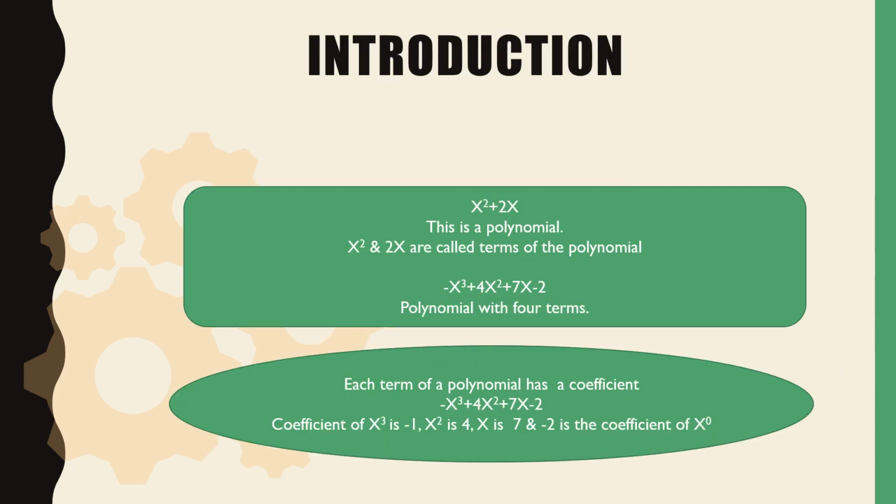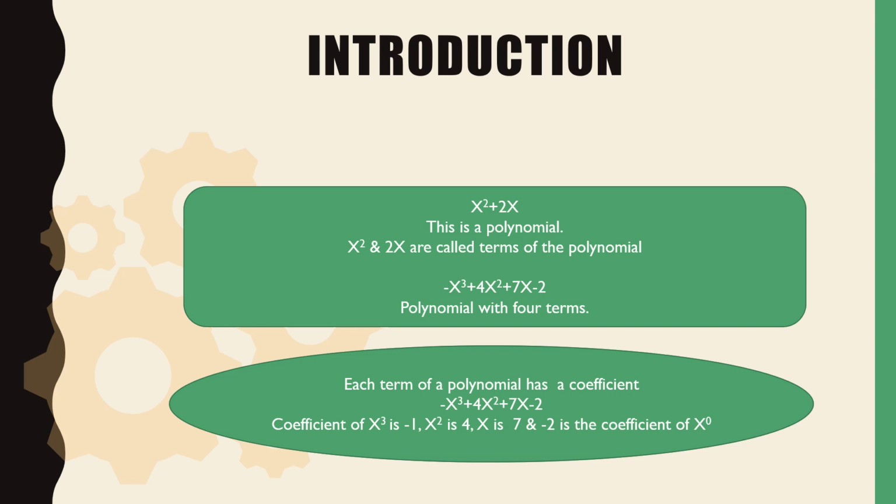If you take the example of x square plus 2x, this is a polynomial where x square and 2x are called the terms of the polynomial. Similarly, minus x cube plus 4x square plus 7x minus 2 is a polynomial with 4 terms.